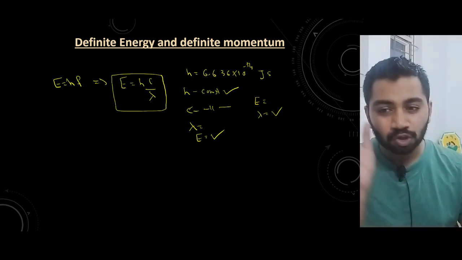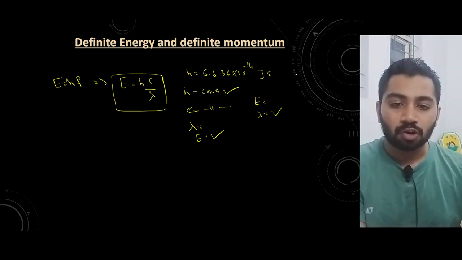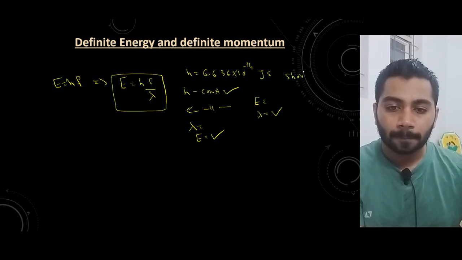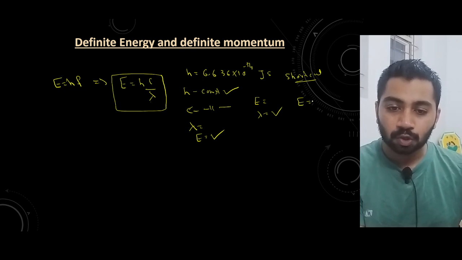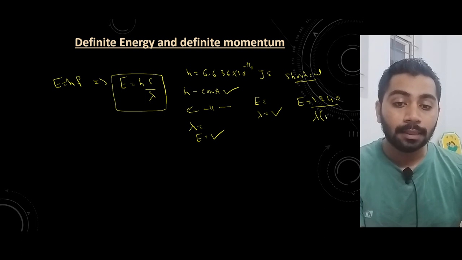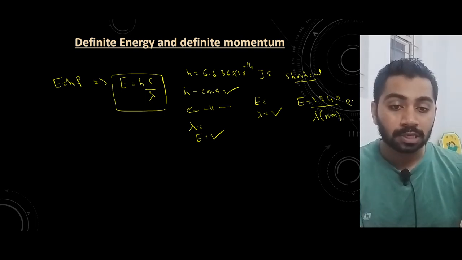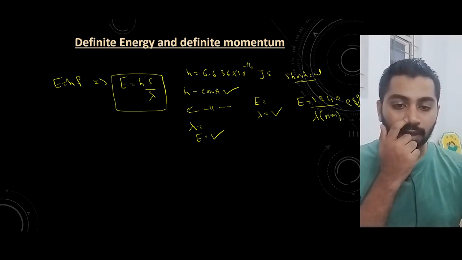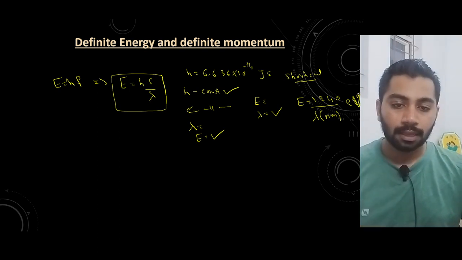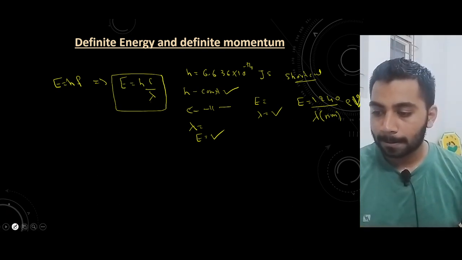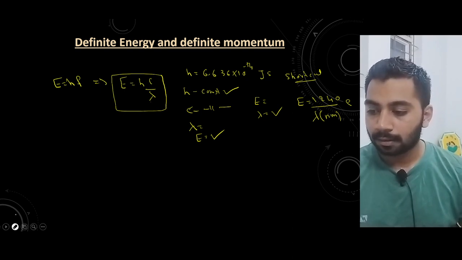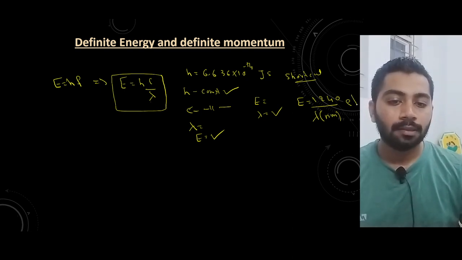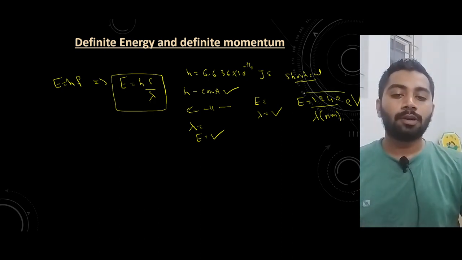E equals 1240 divided by lambda in nanometers, and the answer will be in eV. See, this is a shortcut. Use this.